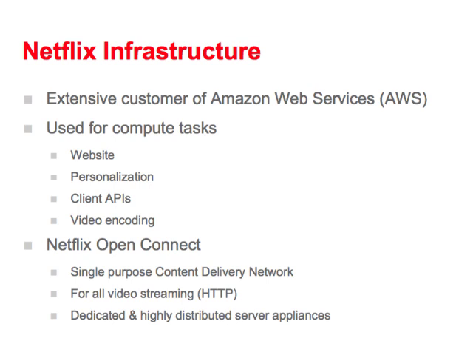And we use that for our compute tasks as part of the service, the website, our extensive personalization, the client APIs that Netflix clients, the video clients, are talking to, and things like our video encoding.